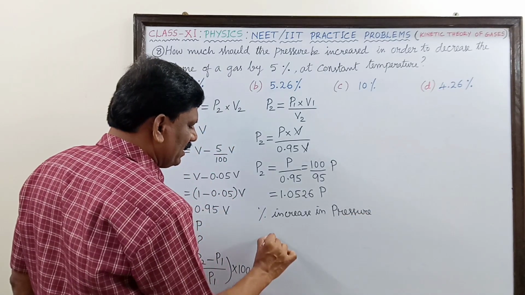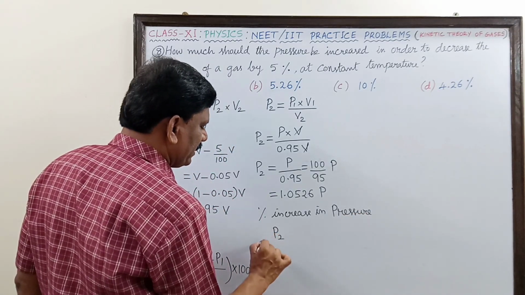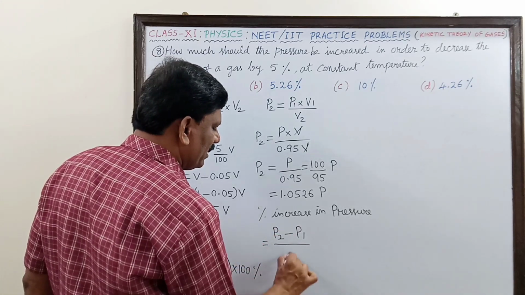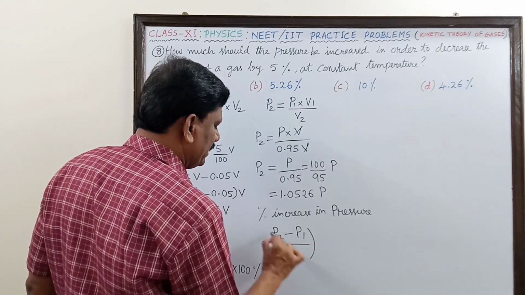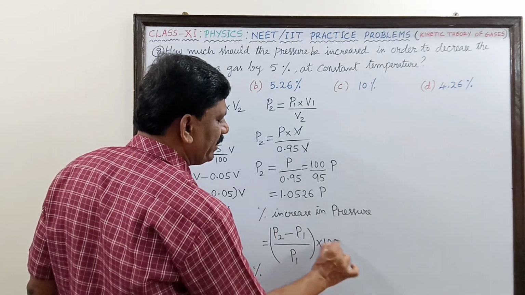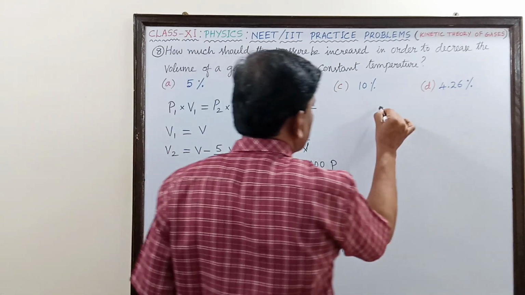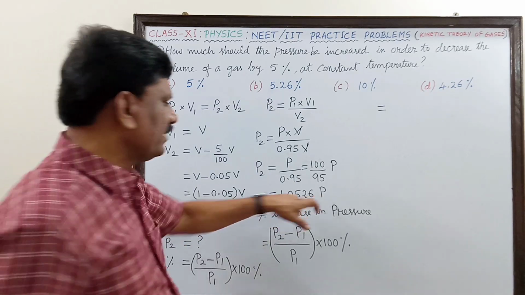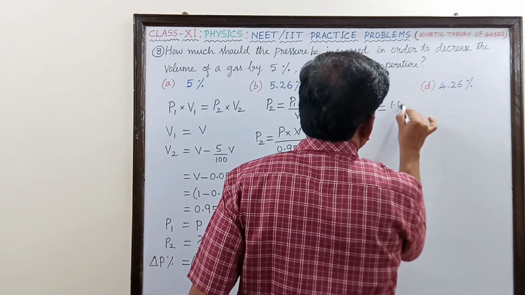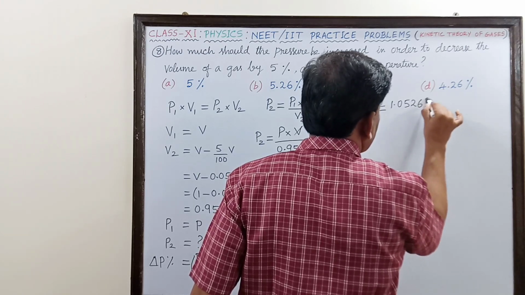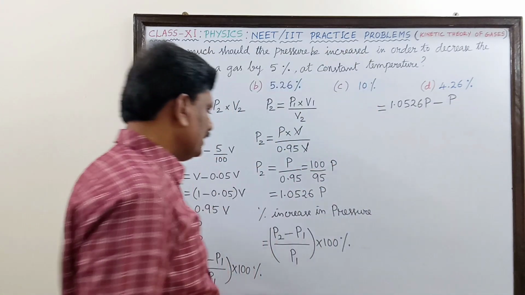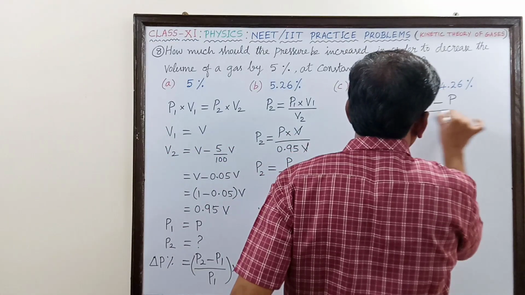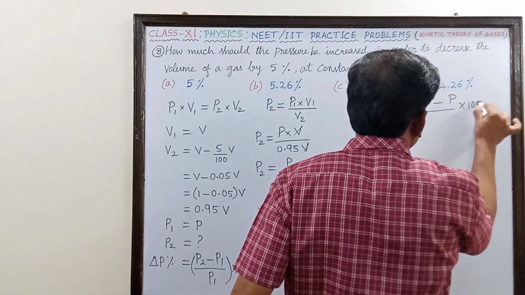So that is given by P2 minus P1, final pressure minus initial pressure, divided by initial pressure, and in percentage, we have to multiply by 100. What is the value of P2? 1.0526 times P. So 1.0526 times P minus P1, that is equal to P itself, since we have taken P1 equal to P, divided by P into 100%.